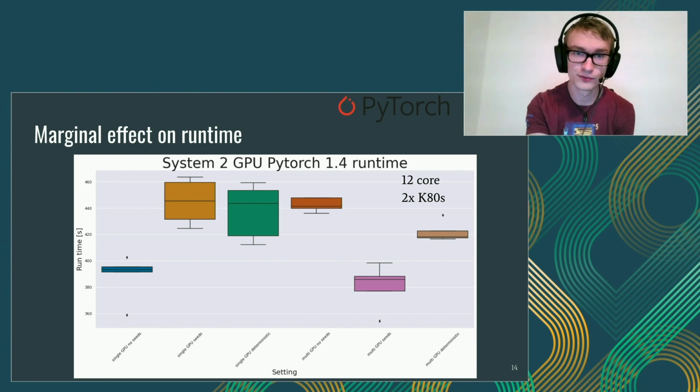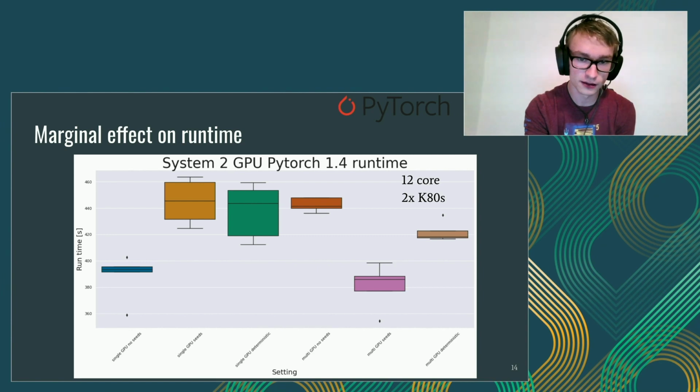If you now evaluate the runtime, so should we enable those settings always or not at all? Because you can imagine that there's a reason why NVIDIA implemented those atomic operations. They are basically the fastest way to calculate a sum. So what is the effect on the runtime?